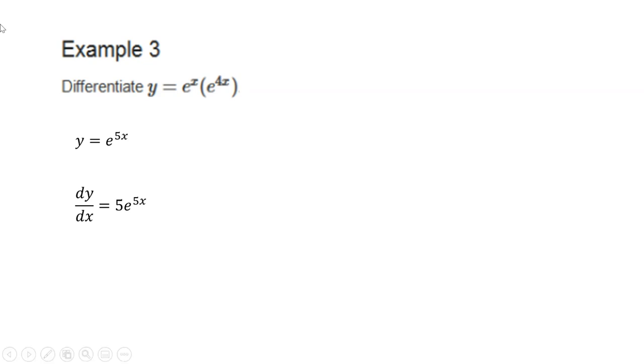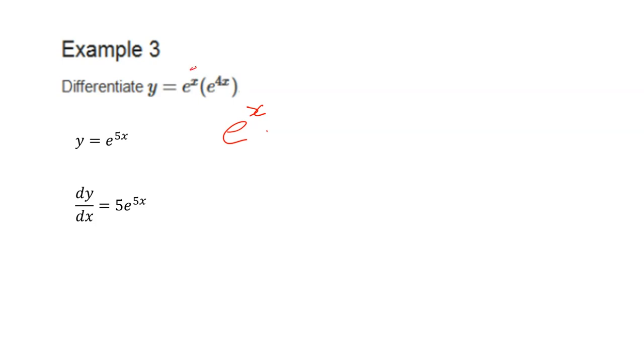So if I was using a product law, then I'm going to take the first one and derive it, which would give me e to the x, and multiply it by the underived. So remember, when you derive e to the x, it's just e to the x. Would it be 5e to the 4x? No, not to the 4x. Not at all. But let's keep going and see what happens. Let's derive the first.